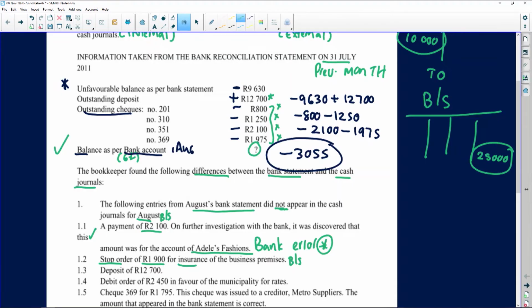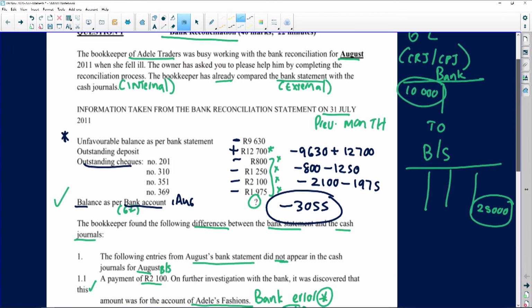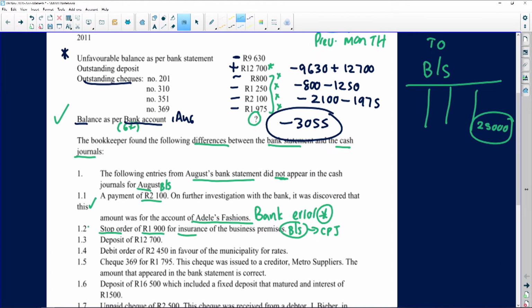As you look at the bank statement, you will come across the payment made to the insurance company, and this is an additional cash payments journal entry. So in cash payments, I'm going to leave one line open, and on the second line the details will be insurance, with an additional payment of 1,900. That one's quite straightforward. Let's tick this, so this is done.